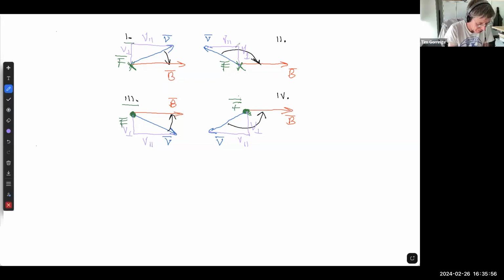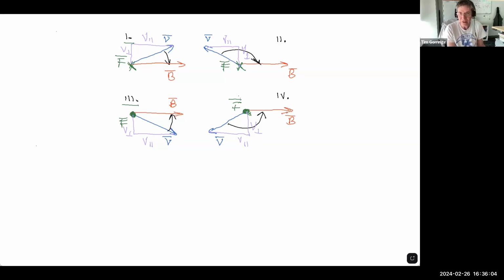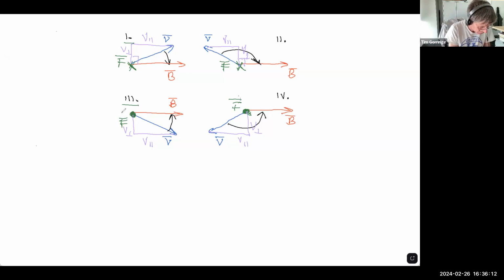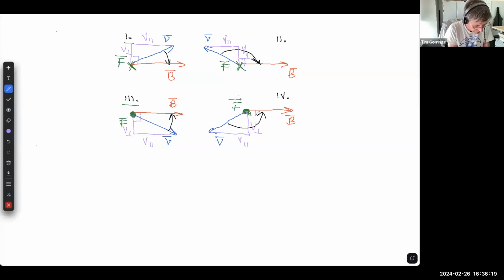This magenta line here is anti-parallel to the magnetic field. And likewise downstairs, the V parallels are parallel to the magnetic fields. The V perpendiculars are the components of the velocity vector that are at right angles to the magnetic field. So there are right angles in all of these angles between V perpendicular and the magnetic field.